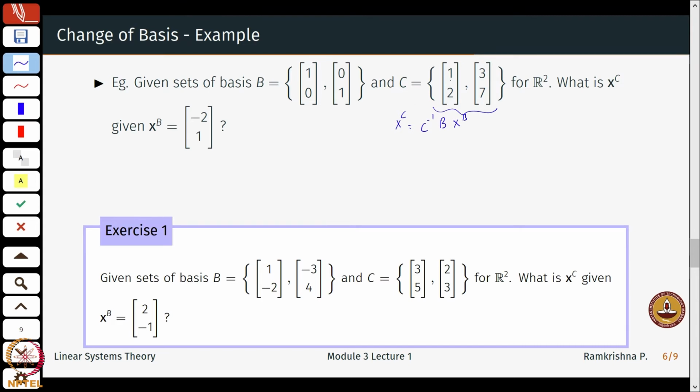B is just the identity, so I am just looking at C inverse times xb. C inverse can be computed easily to be 7 minus 3, minus 2 1, and multiply this by minus 2 and 1. So, this will be minus 14 minus 3 is minus 17, and this will be minus 4 plus 1 is minus 3.